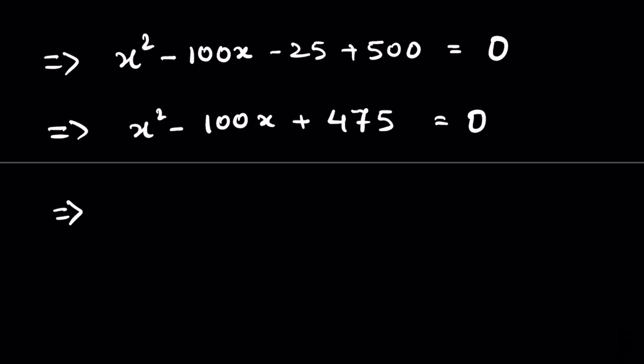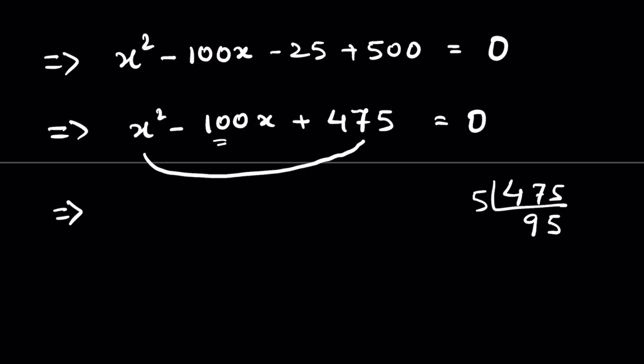We can factorize it. So we have to find two numbers whose product is equal to 475x², that is 475, and whose addition or difference should be equal to 100x. So let's factorize 475. So 5 times 95 is 475. And if we add 95 plus 5, it will be 100.